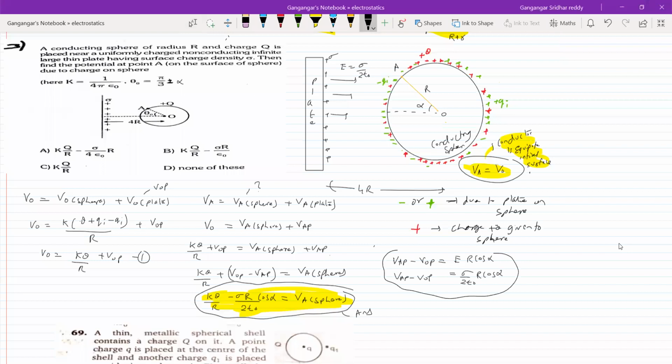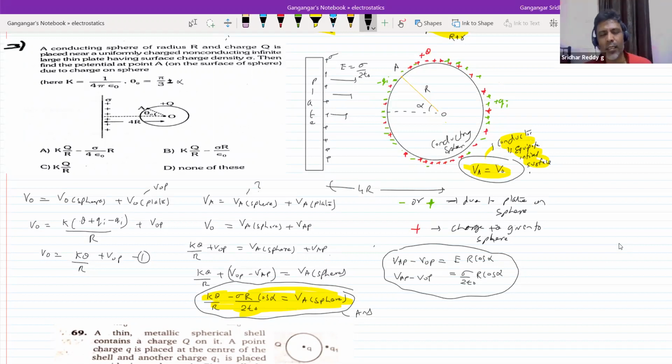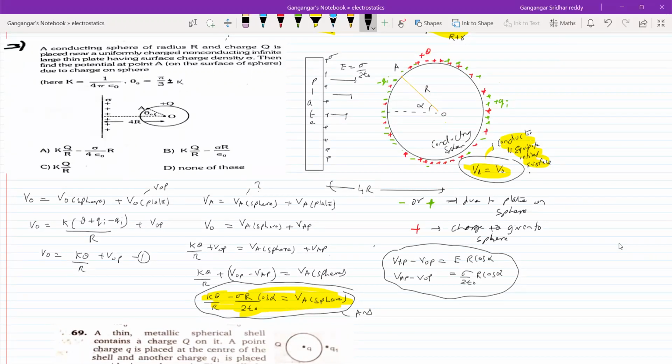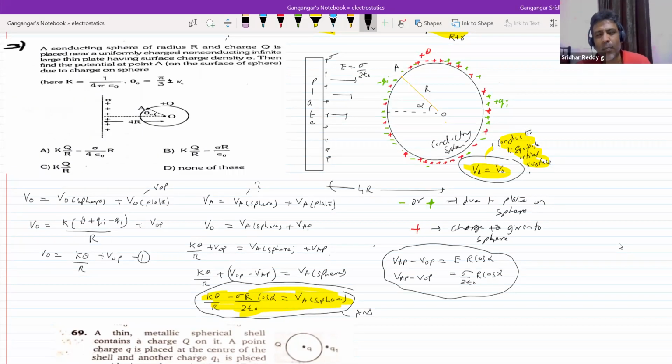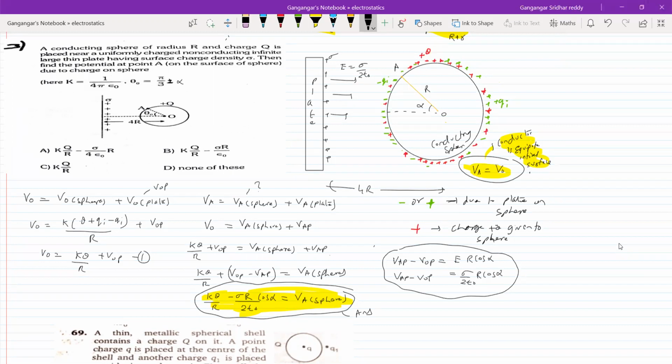Sir, why is the sphere placed close to the plate? In the question, they gave that the sphere is placed close to the plate. See, do you get an infinitely large plate practically? No, sir.